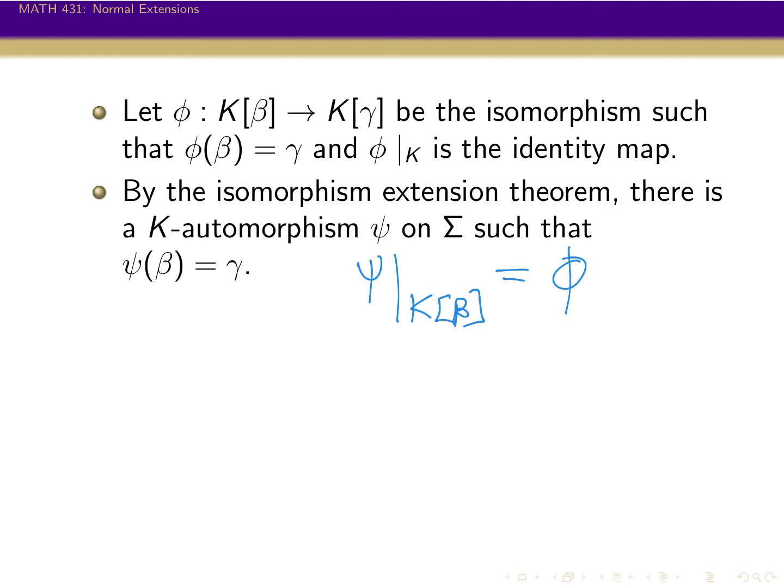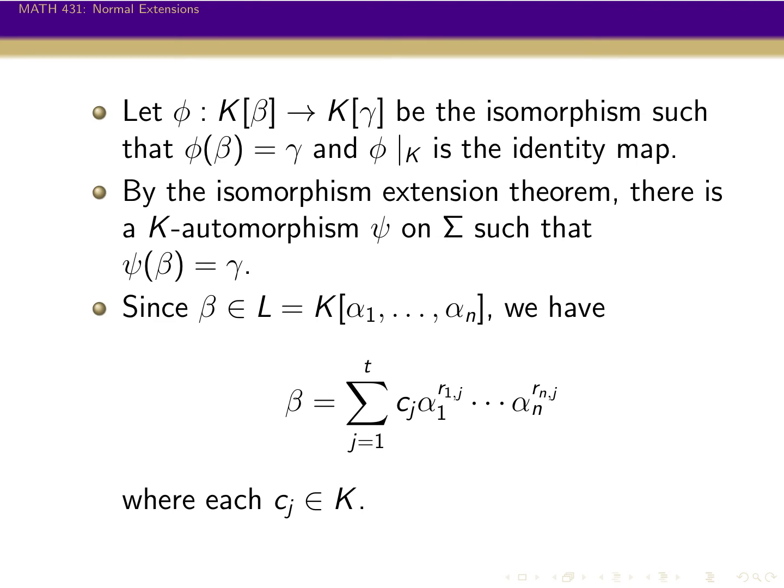And so this means in particular that if we plug beta into psi, we're going to get gamma, because phi of beta is equal to gamma. And it also means that psi is going to fix all of k, because phi fixes all of k. And so if psi fixes all of k, then this means that it actually is a k automorphism on sigma, because it's an automorphism on sigma that fixes all of k.